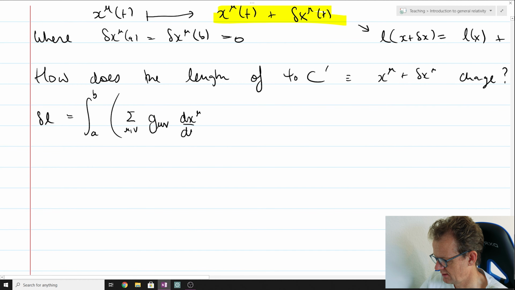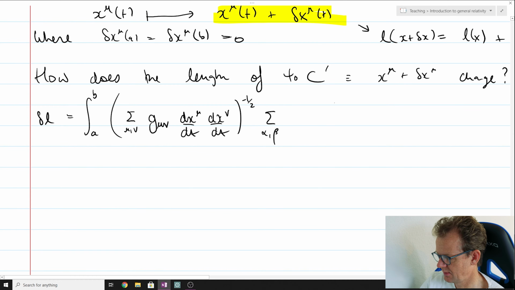Well, the answer is this. You just got to do some Taylor expanding, and then you'll end up with this expression here. This is a calculation that you will be assumed to be able to do.